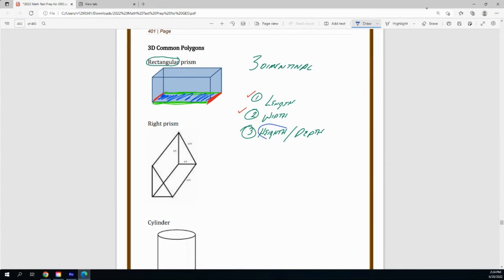Now, height would be considered this, from the floor going up. So it depends on how you're looking at this. It doesn't really change many things about how you look at it.